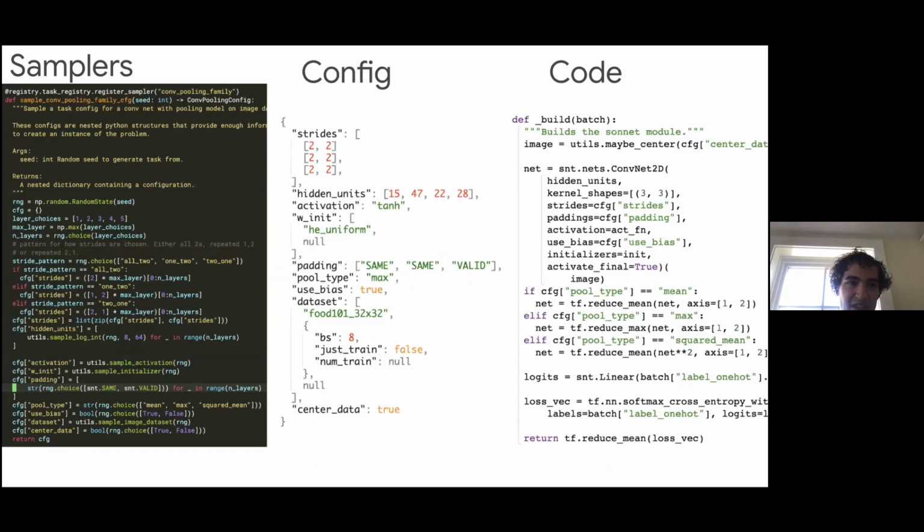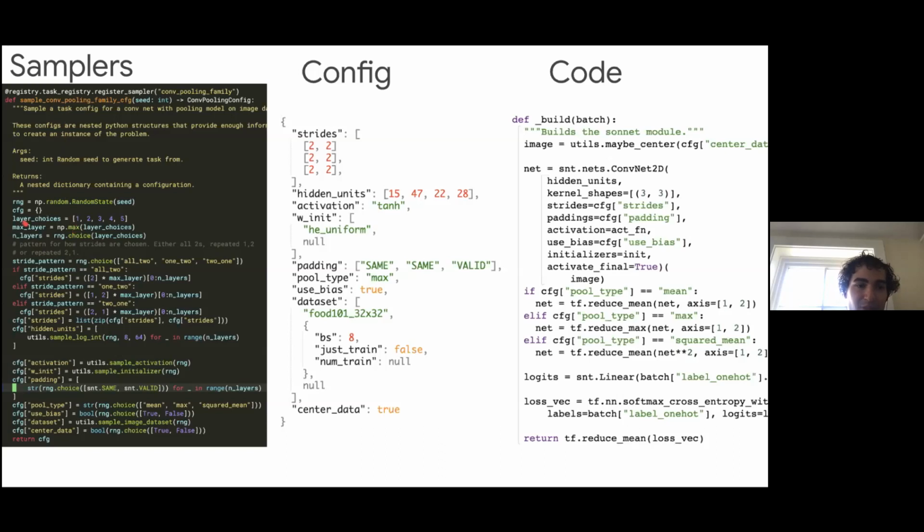These tasks are obviously way too many to create by hand, so we use a mixture of procedurally generated and hand designed pieces. There are 3 stages in how these tasks get created. First, there are these samplers, which are pieces of code that sample task configurations. In this case, this is the code to sample a ConvNet.